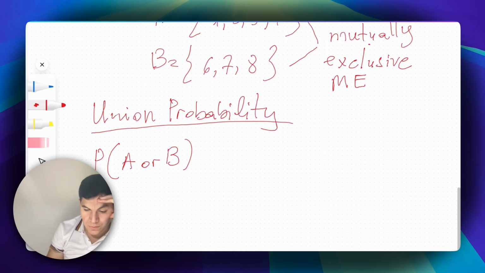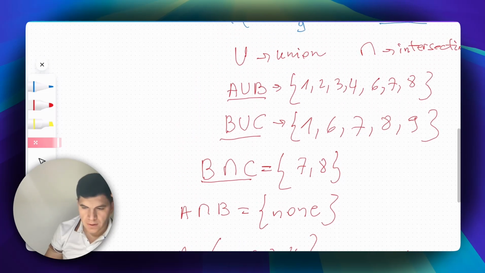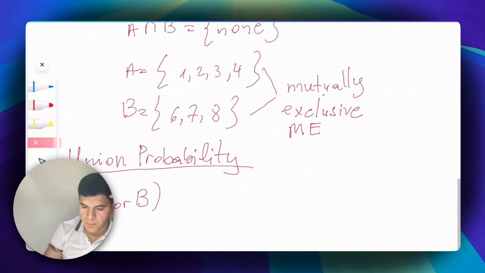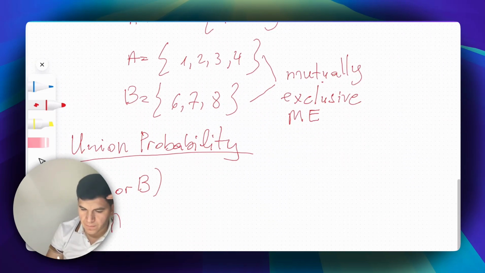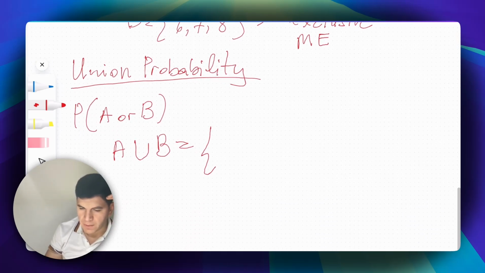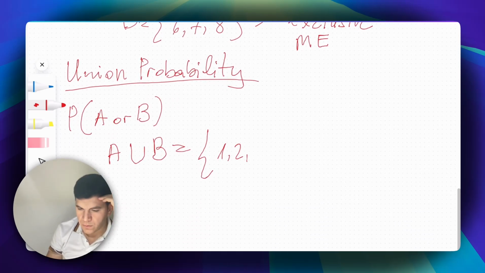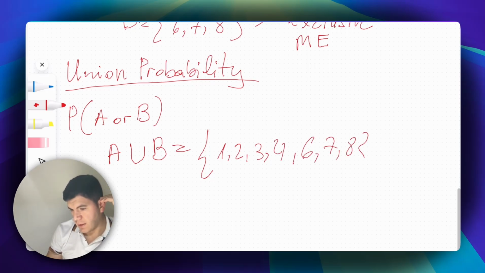So to do so, first let's see, we said that A union B gave us the following elements. Okay, 1, 2, 3, 4, 6, 7, and 8.